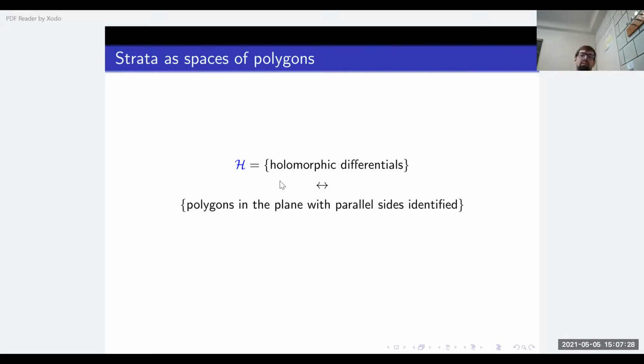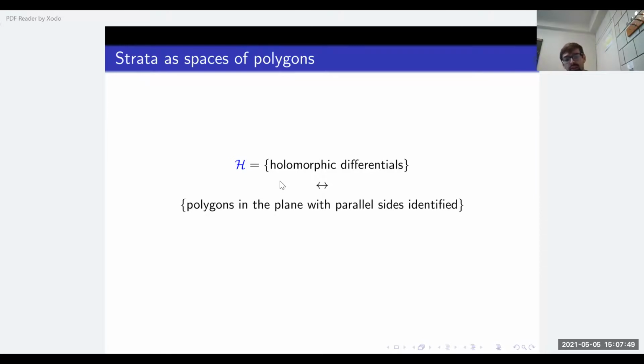But all I'm going to say is it's really okay to think of the space of holomorphic differentials as the same as the space of polygons in the plane. And hopefully most can agree that the space of polygons is a very concrete thing.